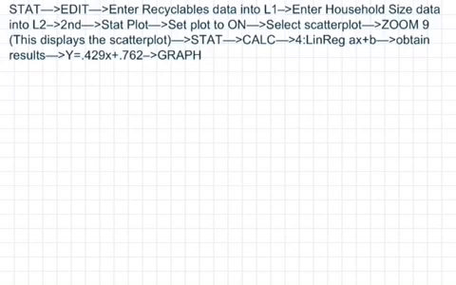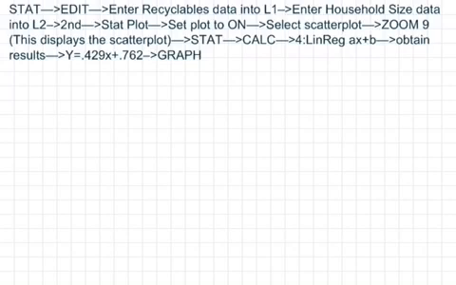Next, press Stat, Calc, option 4 for linear regression ax+b. To obtain the results, if you're using an older model, TI-83 or 84, you simply press enter twice. If you're using a newer model TI-84 graphing calculator, you will scroll down to the bottom and press calculate.